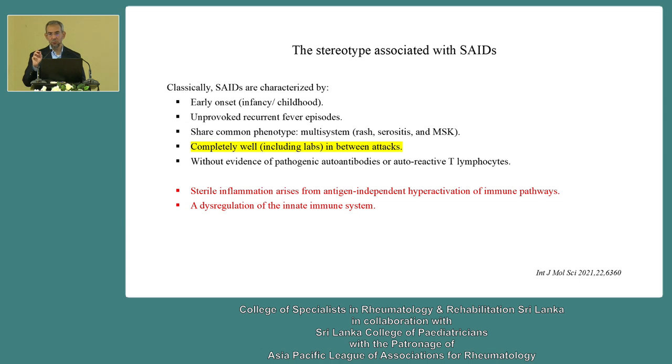So the presence of ANA without a good explanation, probably you will not take it seriously unless you can find other associated lab result abnormalities. All these findings or manifestations are due to sterile inflammation arising from antigen-independent hyperactivation of immune pathways, and this is due to dysregulation of the innate immune system.